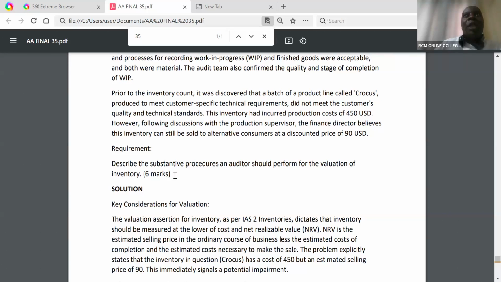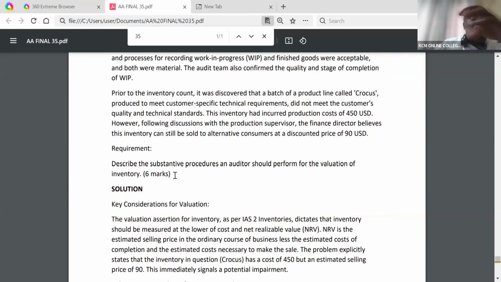And this impairment loss, has it been captured in the income statement properly? Because, ladies and gentlemen, under those assertions I gave you, we have an assertion called classification of items, if you remember very well.